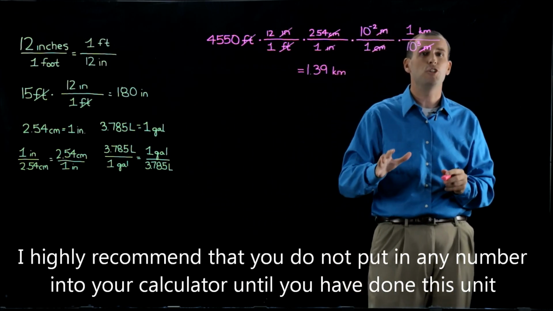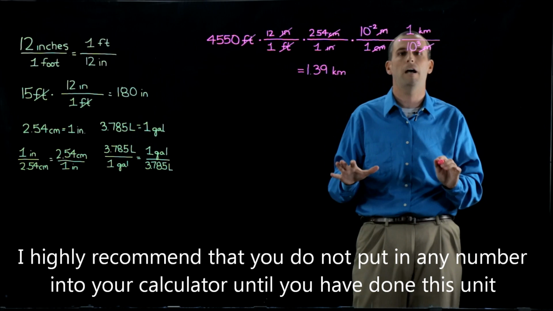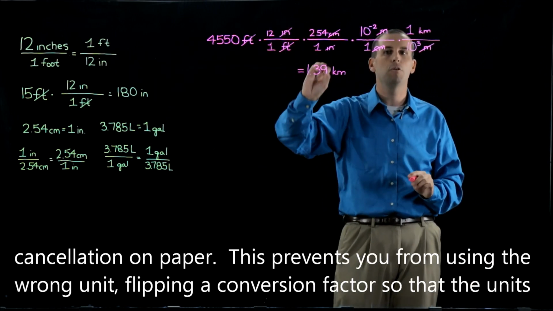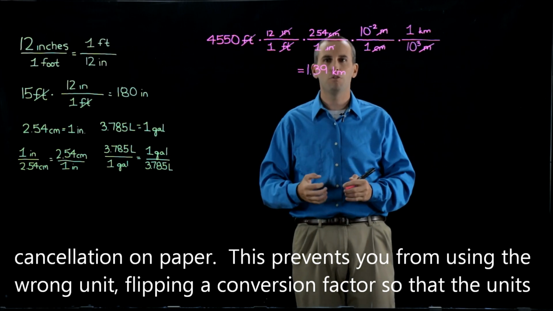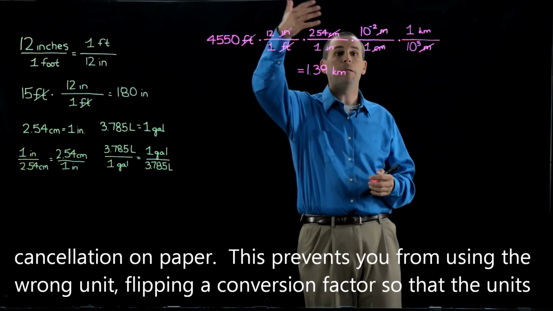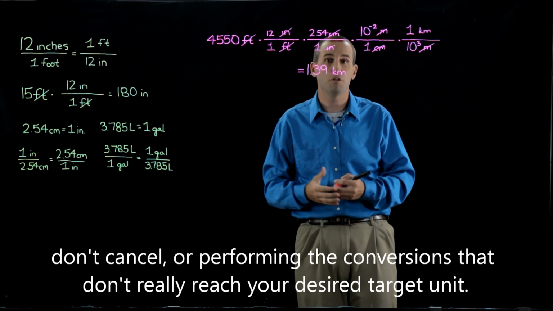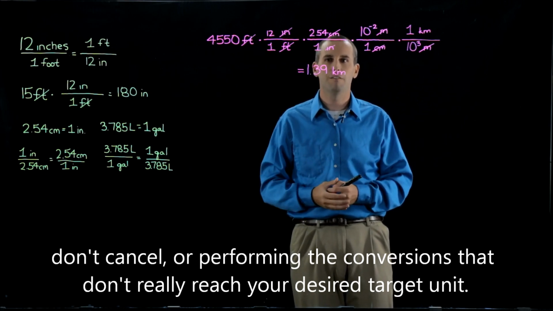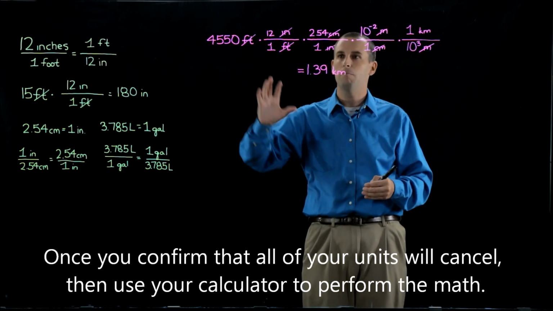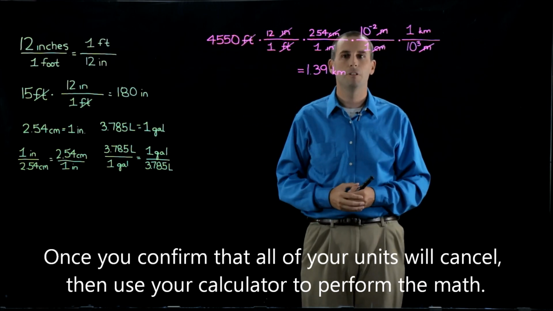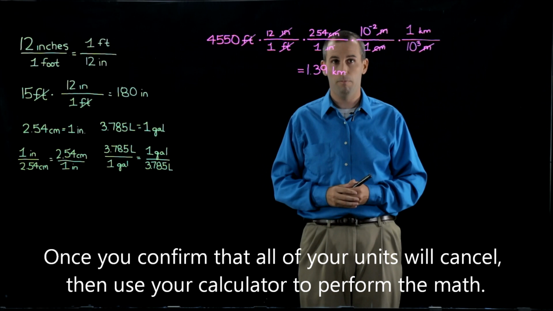I highly recommend that you do not put in any number into your calculator until you have done this unit cancellation on paper. This prevents you from using the wrong unit, flipping a conversion factor so that the units don't cancel, or performing conversions that don't really reach your desired target unit. Once you confirm that all of your units will cancel, then use your calculator to perform the math.